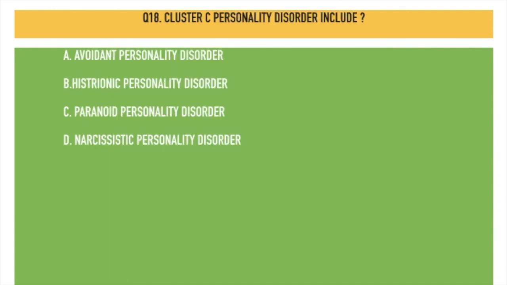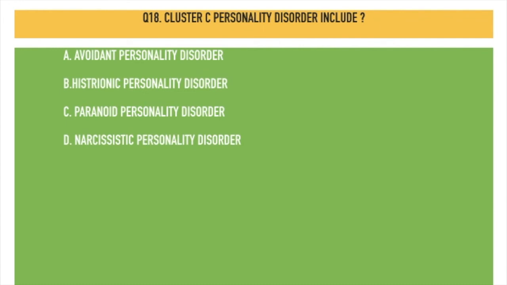Next one. Cluster C personality disorder includes option A, avoidant personality disorder, option B, histrionic personality disorder, option C, paranoid personality disorder, and option D, narcissistic personality disorder. There are different kinds of personality disorders: cluster A, cluster B, and cluster C personality disorders.